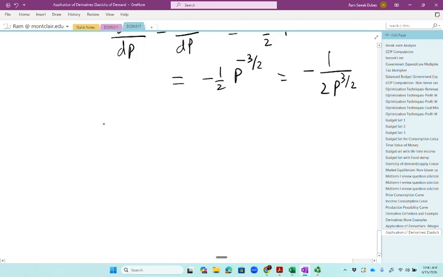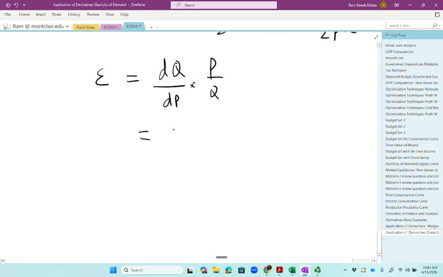With this, I can apply the formula. Elasticity is dQ dP times P over Q, which is minus 1 half P to the power 3 over 2 times P over Q. So minus 1 half P to the power 3 over 2, and this is P to the power 1.